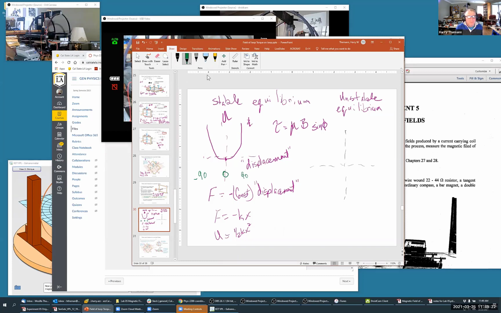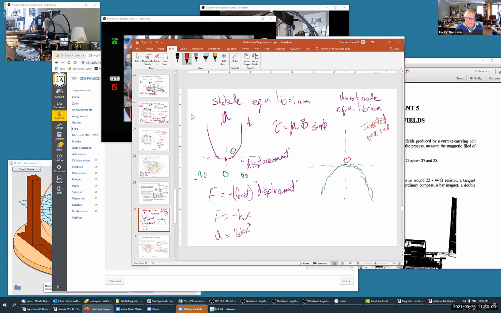So the unstable equilibrium looks like this, the inverted teacup. So you have the little marble in the teacup. If you put the marble at the edge of the teacup, it goes back and forth until it settles in the bottom. And in the inverted teacup, meaning like tea, the drink, if I displace it a little bit, it just falls off.